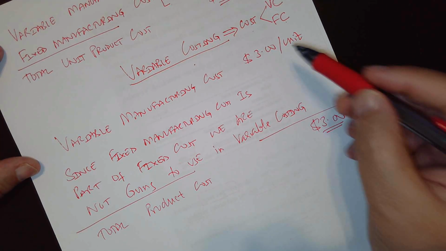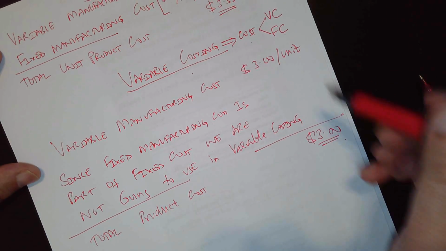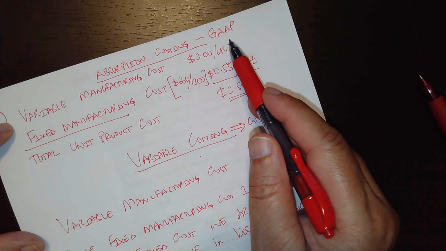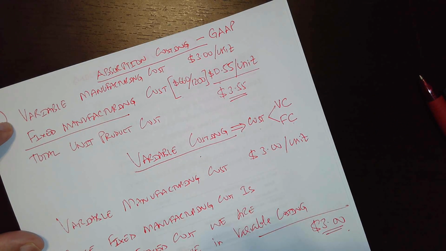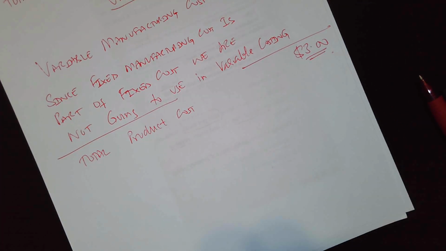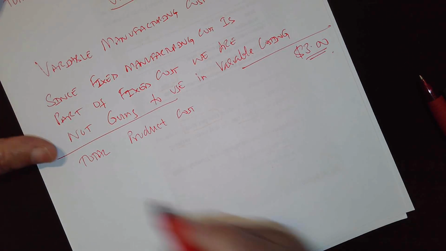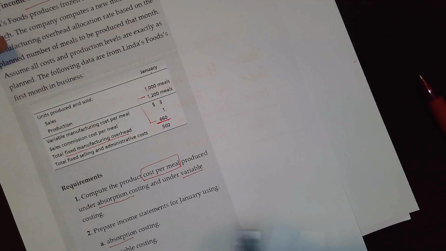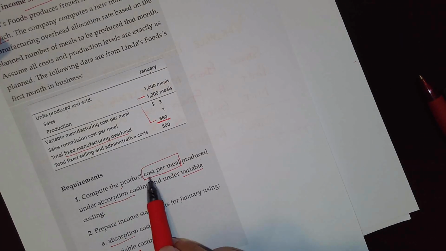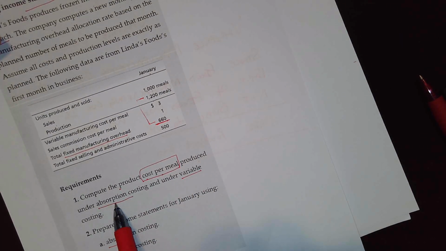So in variable costing it is $3 per unit. In absorption costing, following GAAP, it is going to be $3.55. All right, so this is what we have. That's our question part A. We have calculated the product cost per meal produced under absorption costing and variable costing.